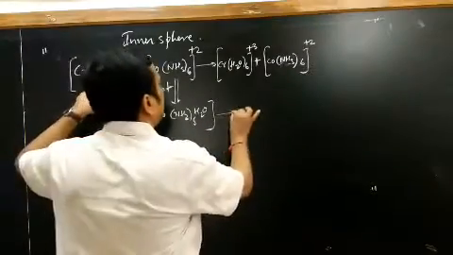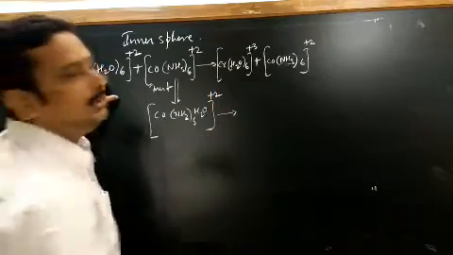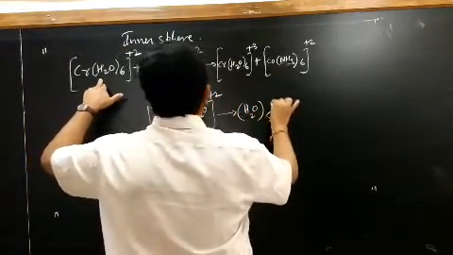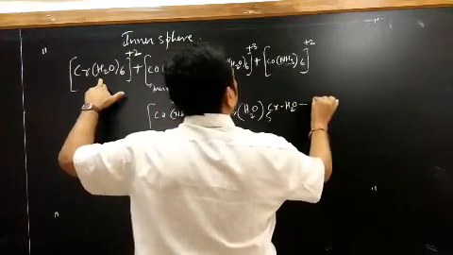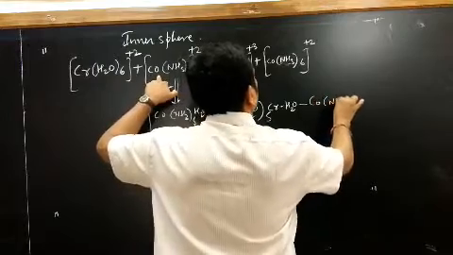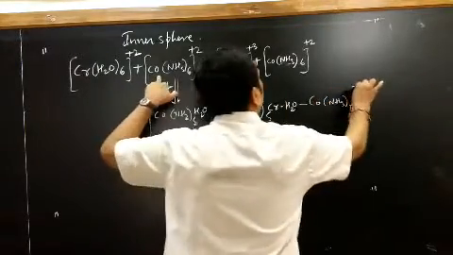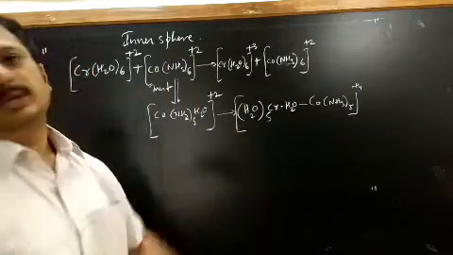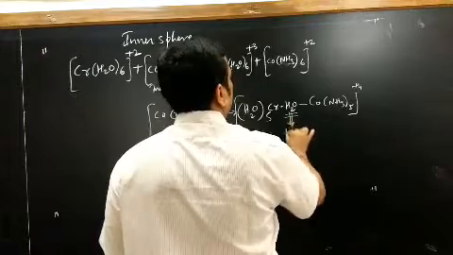So ultimately what we are going to get here is Cr(H2O)5 and Co(NH3)5, with H2O acting as a bridge.